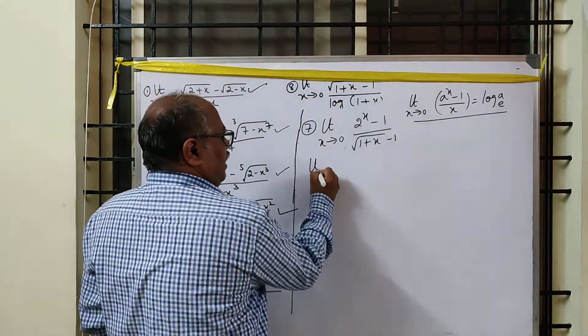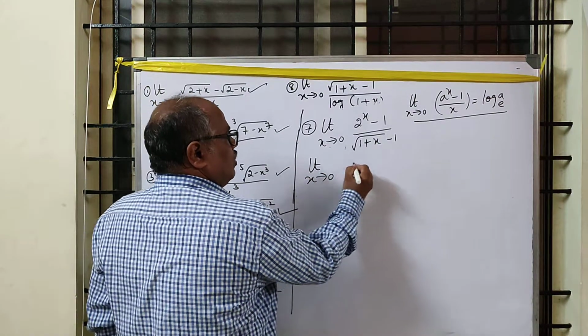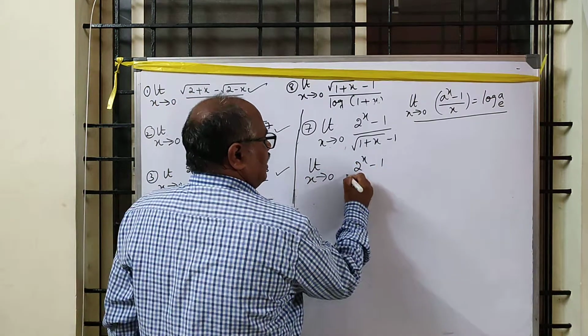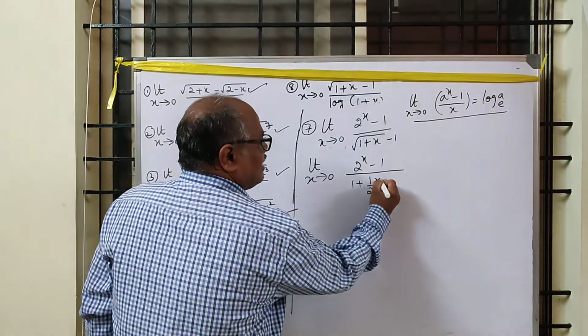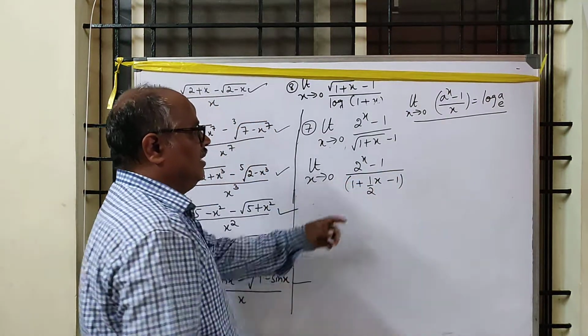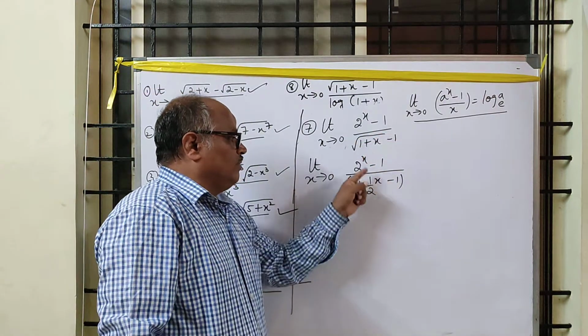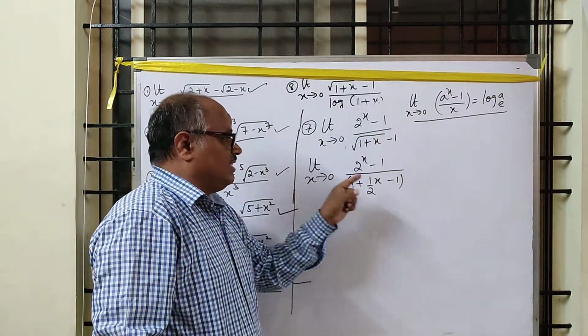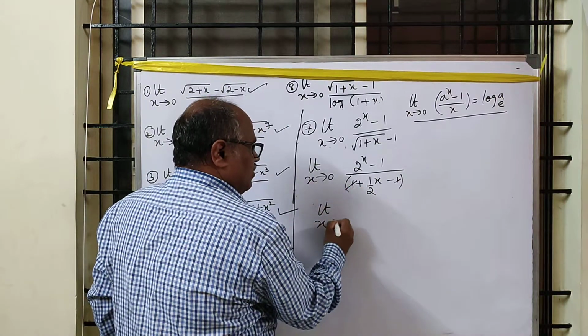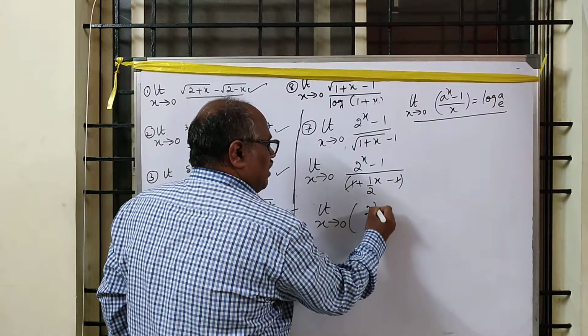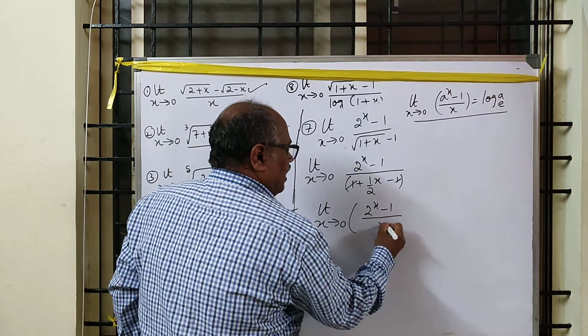So limit x tends to 0, 2 to the power of x minus 1 divided by 1 plus 1 by 2 x minus 1. Here n is 1 by 2, in the place of x, x is there. These two get cancelled. Limit x tends to 0, 2 to the power of x minus 1 by x by 2.